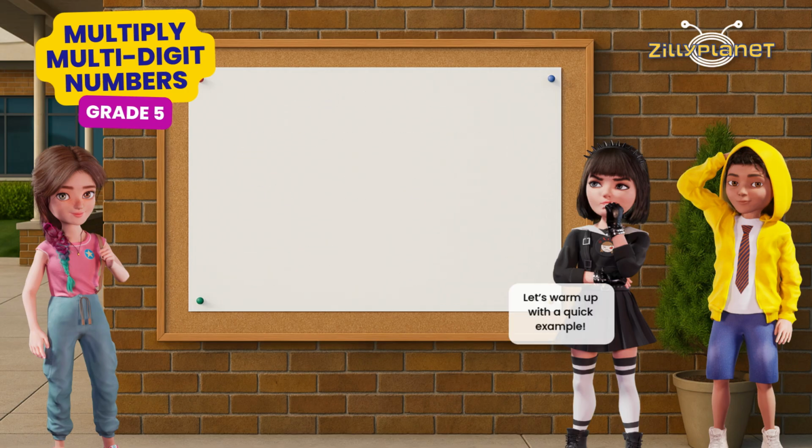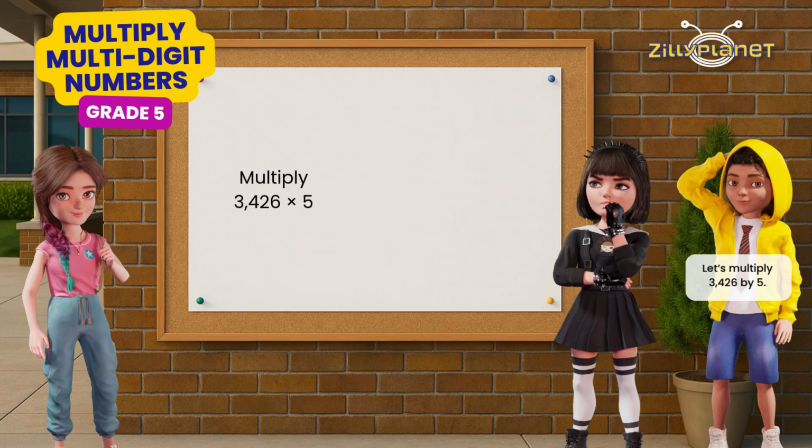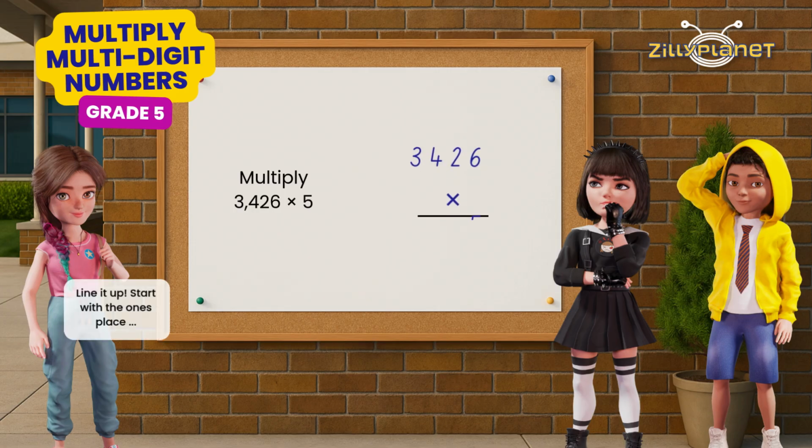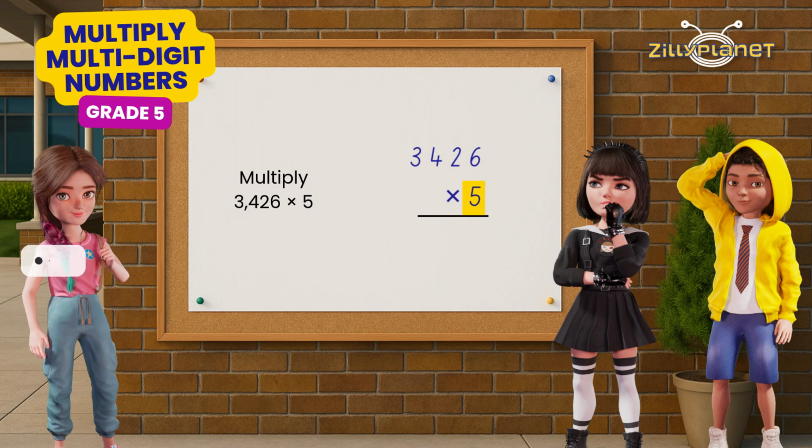Let's warm up with a quick example. Let's multiply 3,426 by 5. Line it up. Start with the ones place. 5 times 6 equals 30. Write 0. Regroup 3 to the tens place. 5 times 2 equals 10, plus 3 equals 13. Write 3.